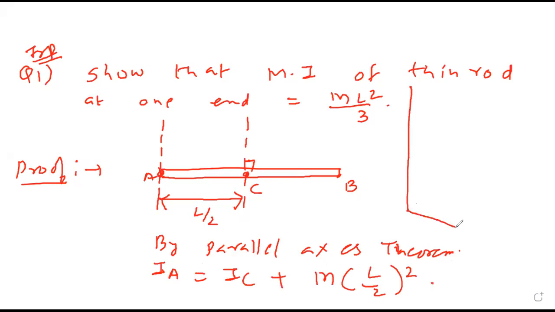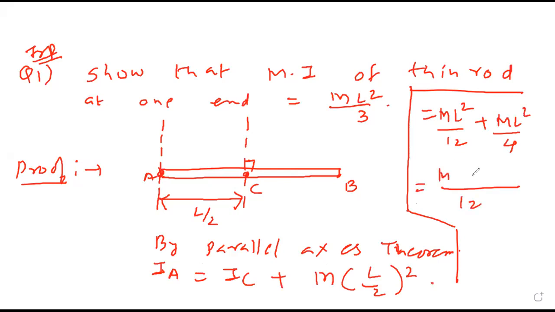IC is ml square by 12 plus ml square by 4. LCM is 12, so it is ml square plus 3 ml square, that means 4 ml square by 12. That means it is ml square by 3.